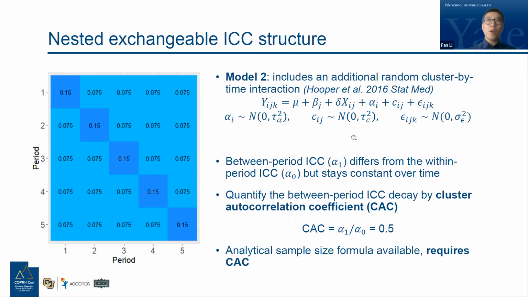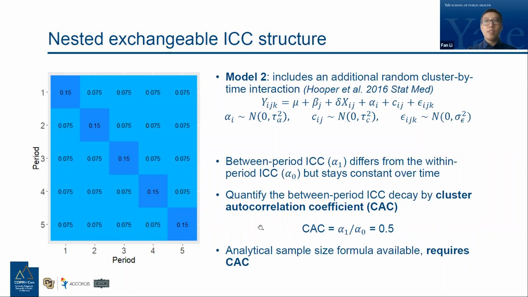Under this model, we would be implicitly differentiating the concept of the between period ICC alpha 1 from the within period ICC alpha 0, but the between period ICC alpha 1 can stay constant over time, as we have shown in the left-hand side illustrative figure, where we know that the between time ICC is smaller than the within period ICC.